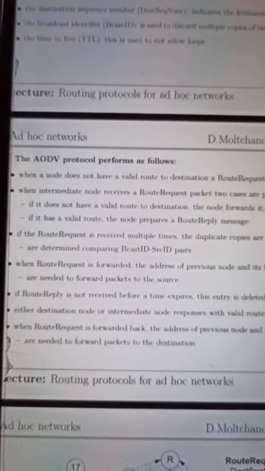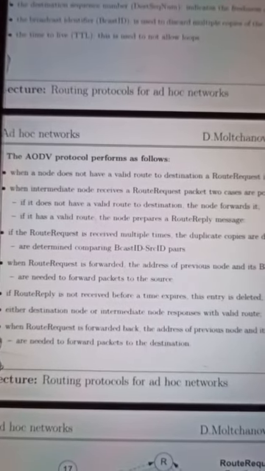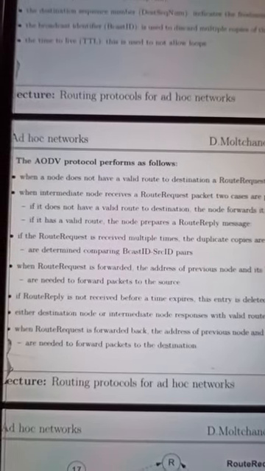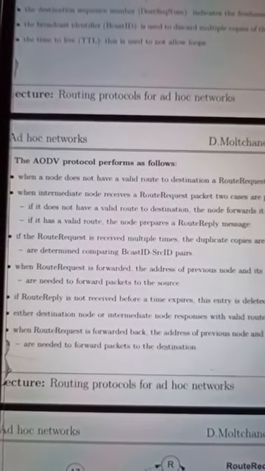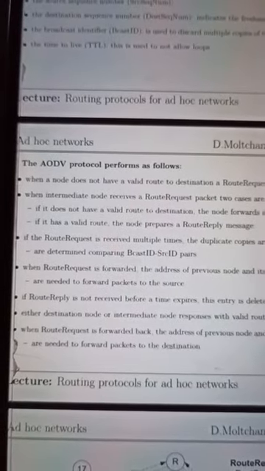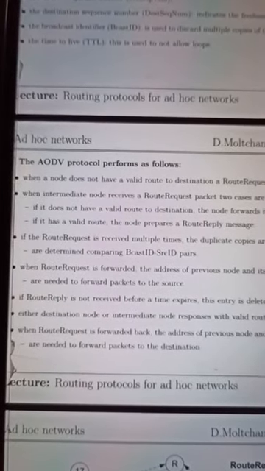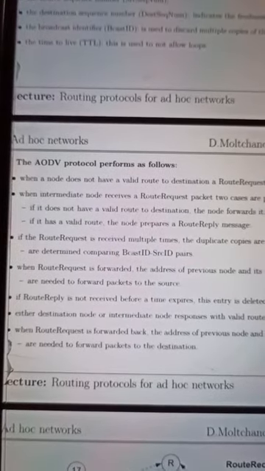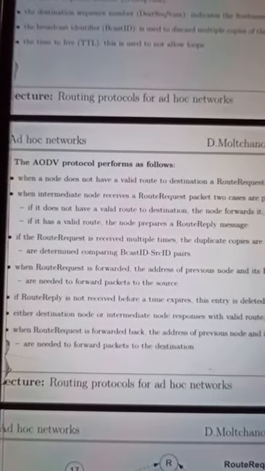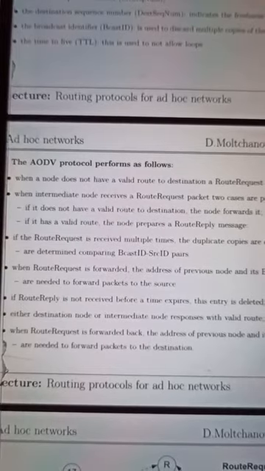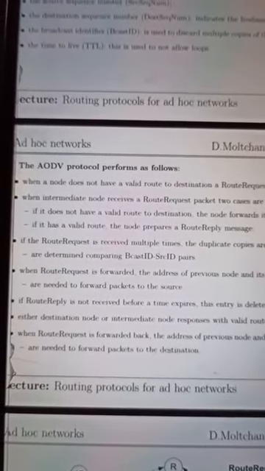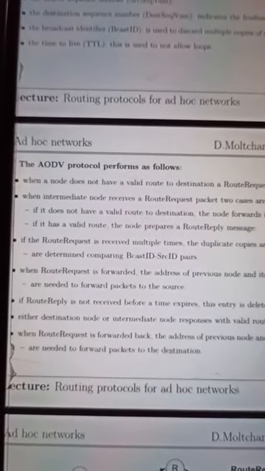If on the same path multiple copies of the packets are broadcast, then it discards that packet. That multiple copies are transmitted on the same route is determined by the comparison of broadcast ID and source ID pairs.